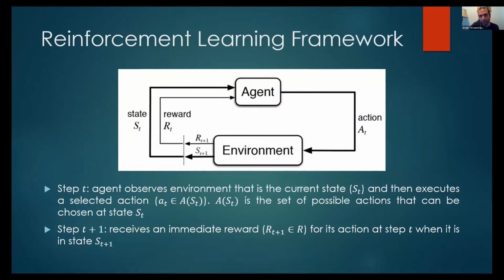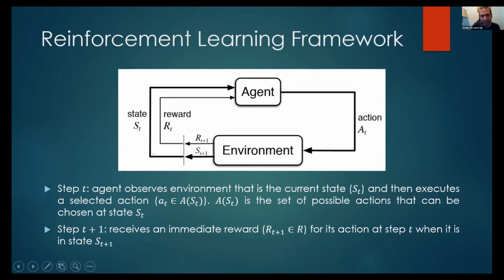This is a general framework for reinforcement learning. We have an agent that interacts with the environment, and this interaction has three main components. The agent observes. Here, state means observation; you can consider the state as something that the agent observes from the environment. Based on the observation, the agent makes an action, so we have action at time t.